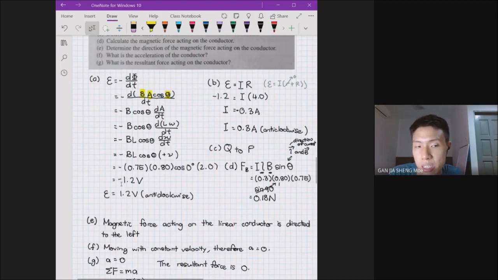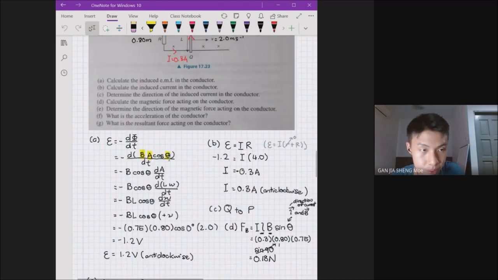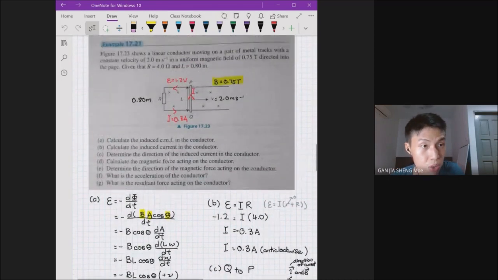If you determine the sign wrongly, then the direction of your current will be wrong, and the direction of your force will be wrong, then everything will be wrong. So you have to be very careful when you're substituting in the velocity, whether it will cause the area to increase or decrease. Okay, so this is how we solve another question. Example 17.21.